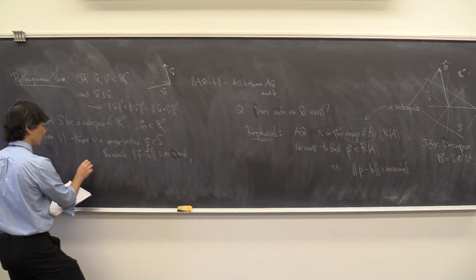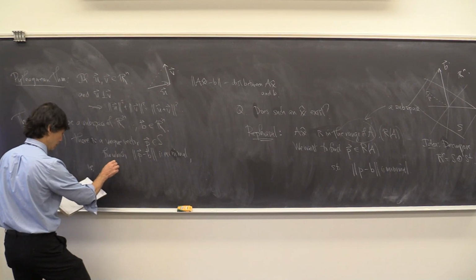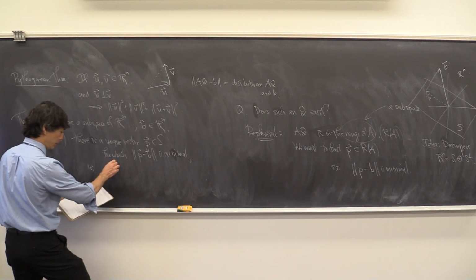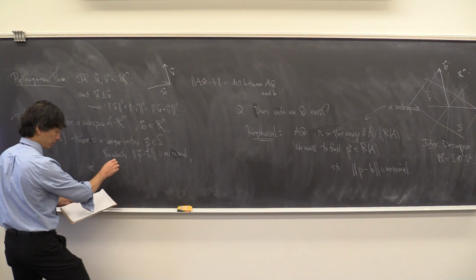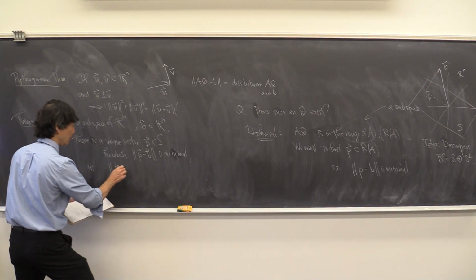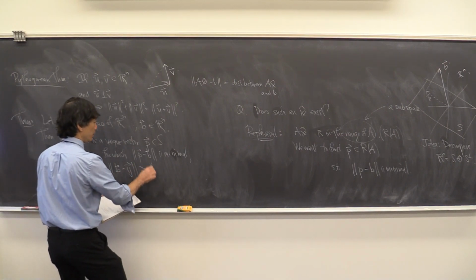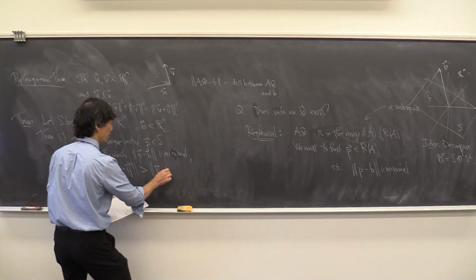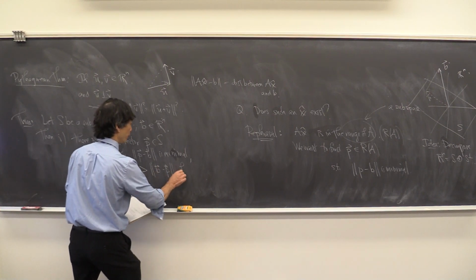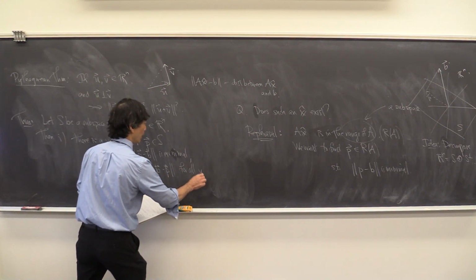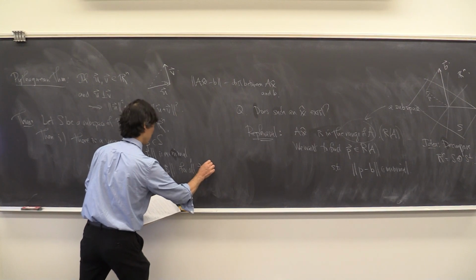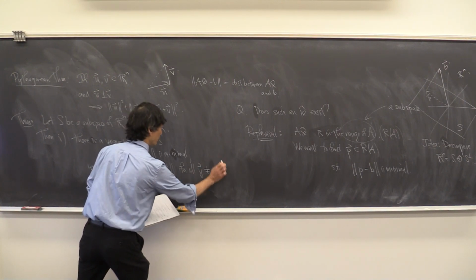In other words, the distance of b minus any other vector y is going to be greater than the distance between b and p, for all y not equal to p.